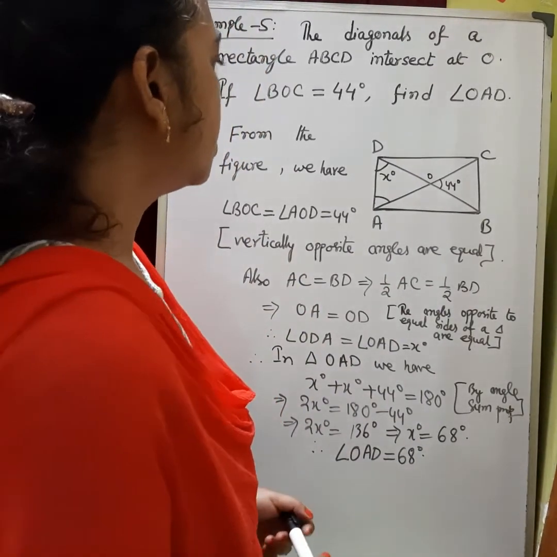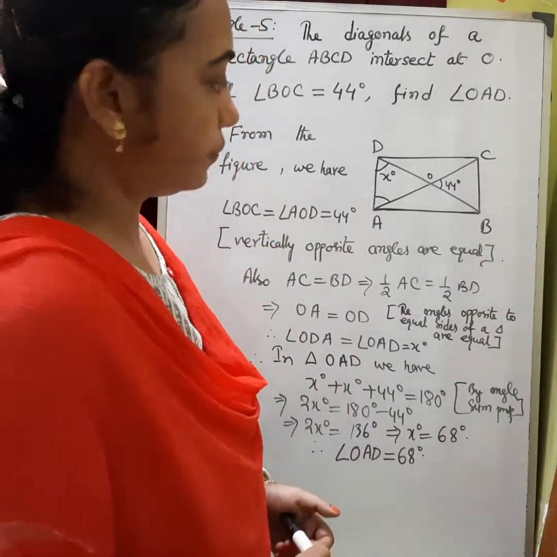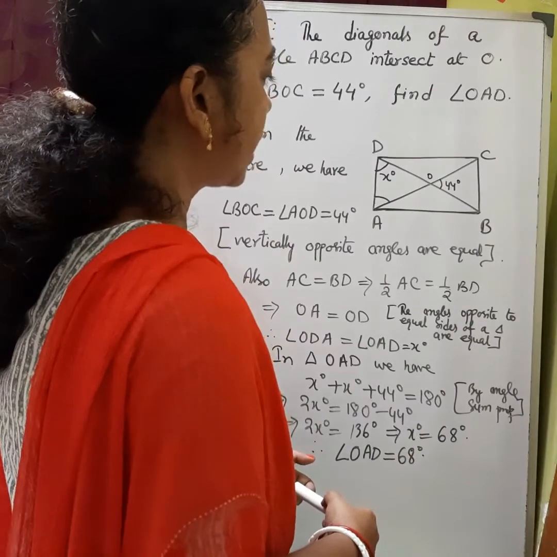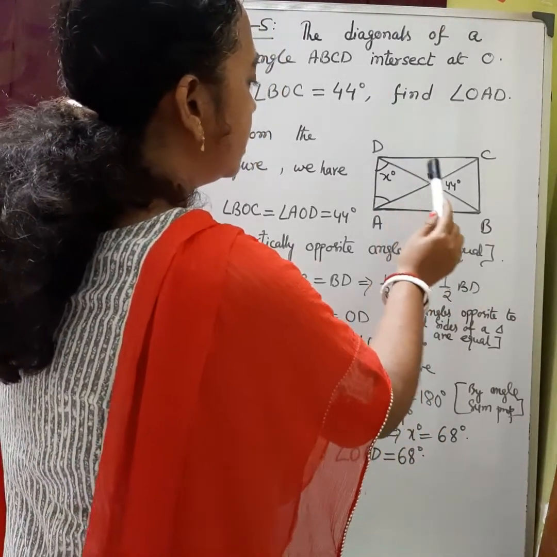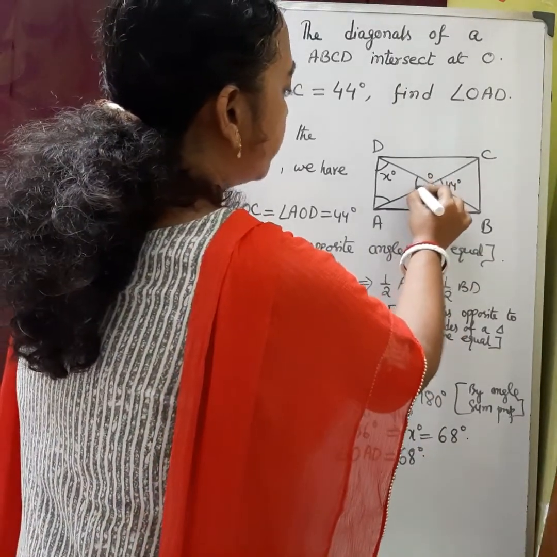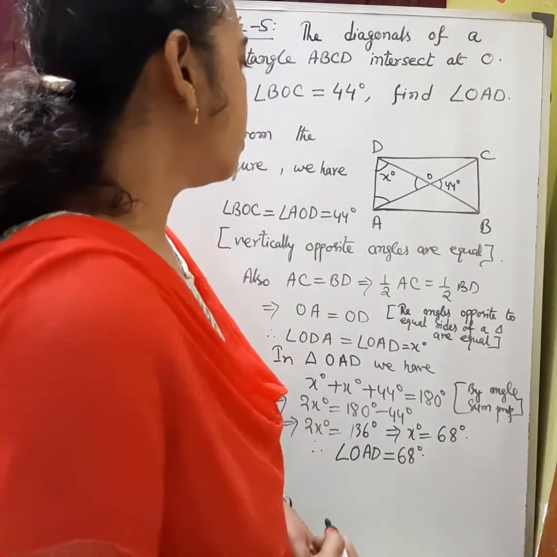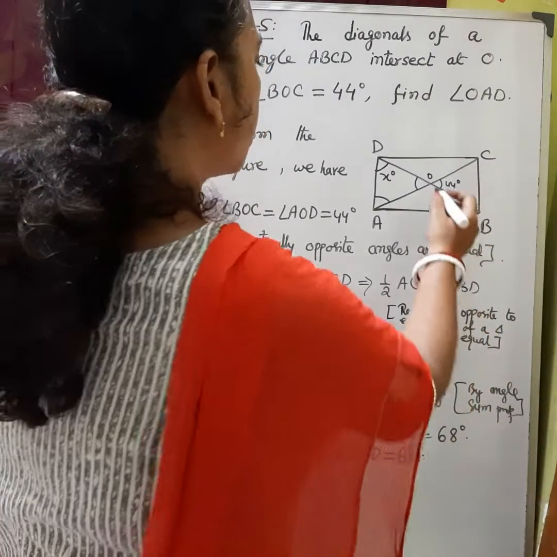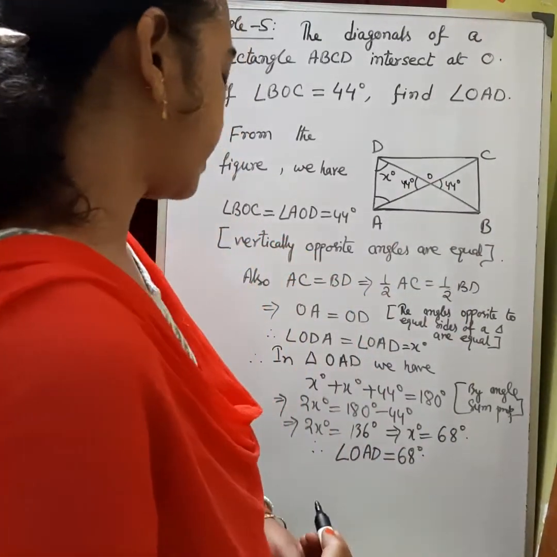Now from the figure we have angle BOC equal to 44 degrees. So we can also write angle BOC is equal to angle AOD, because these two angles are vertically opposite angles. We know that vertically opposite angles are equal. So we can write angle AOD is also 44 degrees.